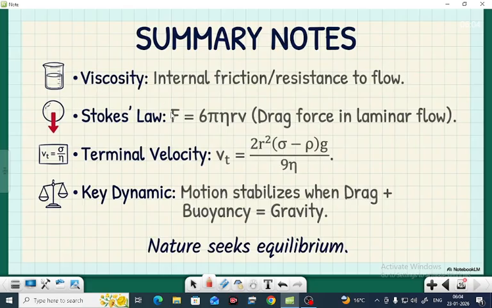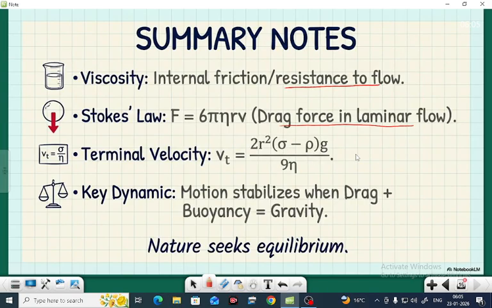Viscosity means internal friction or resistance to flow. Stokes' law, F equal to 6πηrv, is the drag force in laminar flow. And terminal velocity is given by Vt equal to 2r²(σ − ρ)g divided by 9η, where Vt is the terminal velocity, r is the radius of the sphere, σ is the density of the solid, and ρ is the density of the liquid.